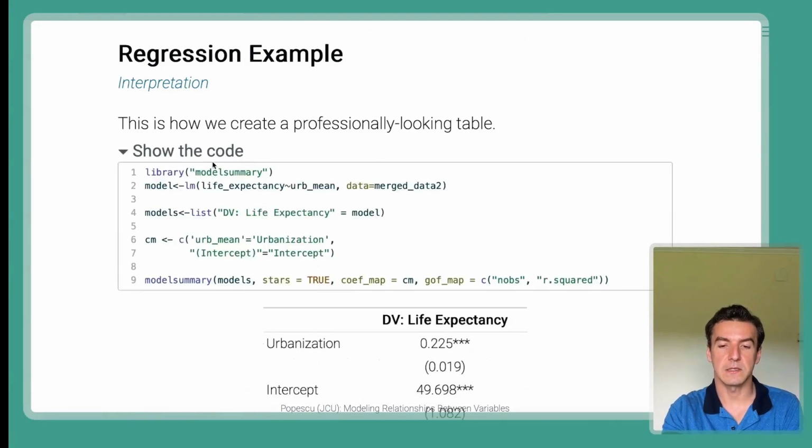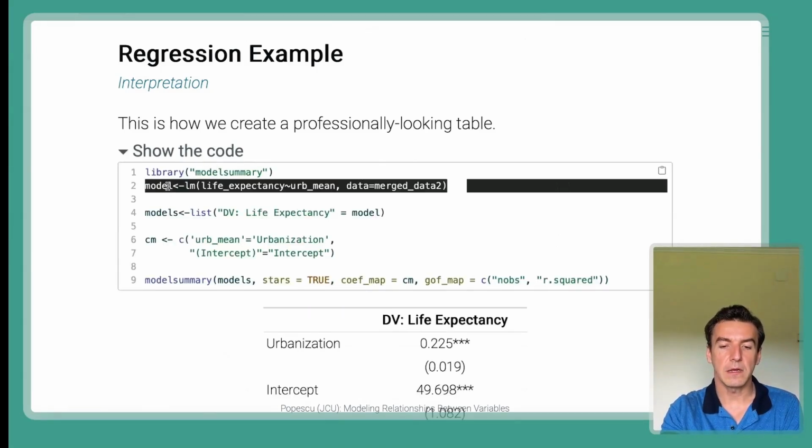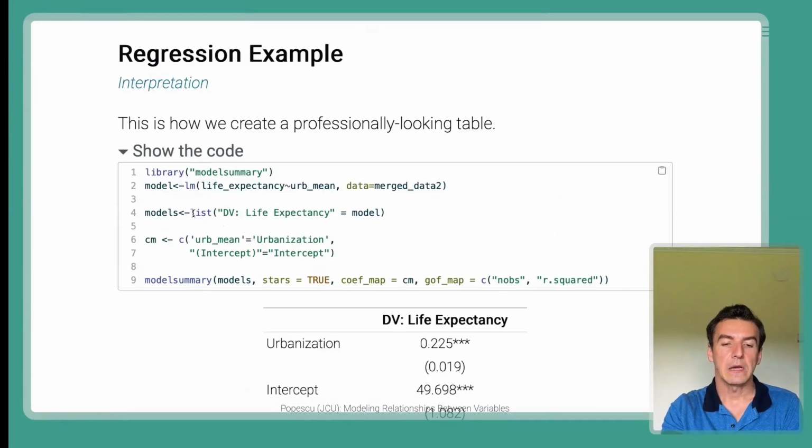So how do we get this table? We simply run the model once again. We add a list here where we essentially give a name to the model. As you might imagine, this is responsible for this text here. Then we replace the X labels and the Y labels with these labels so that we can nicely see values such as urbanization or interest.